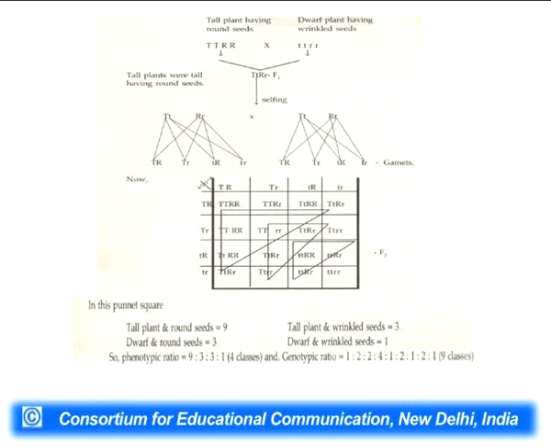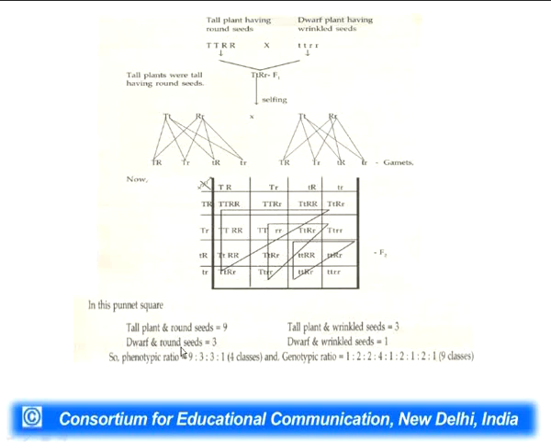The 4 phenotypic classes would give rise to a genotypic ratio of, as I said, 9 classes. The total has to be 16, because in a checkerboard, if one sees very carefully, 4 triangles are formed. The largest triangle, 1, 2, 3, 4, 5, 6, 7, 8 and 9, are all tall plants with round seeds. The smaller triangle includes dwarf and round seeds.